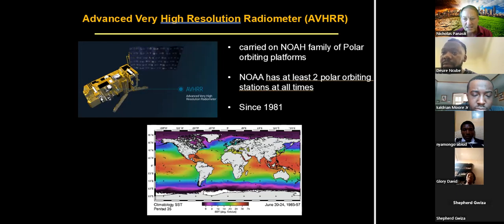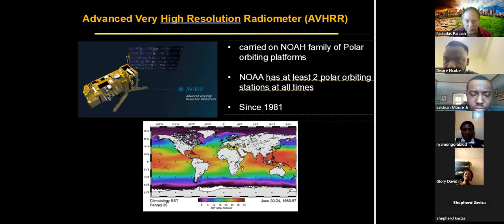NOAA, the National Oceanic and Atmospheric Administration, usually has at least 2 polar orbiting satellites at all times since 1981. So they've been measuring data since that period.